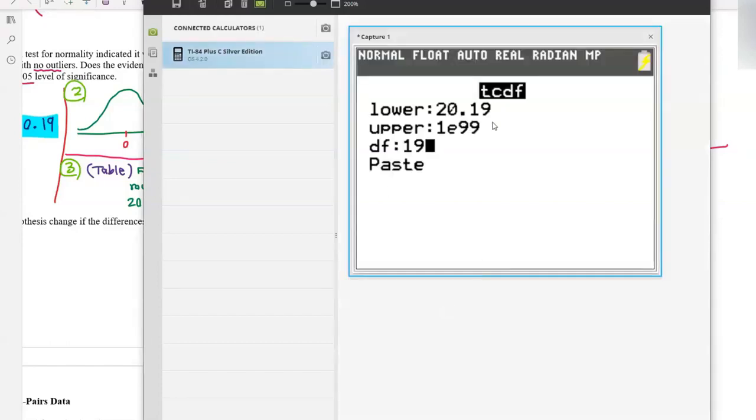So here we have TCDF, and we have lower is 20.19, upper 1E99, degree of freedom is 19.